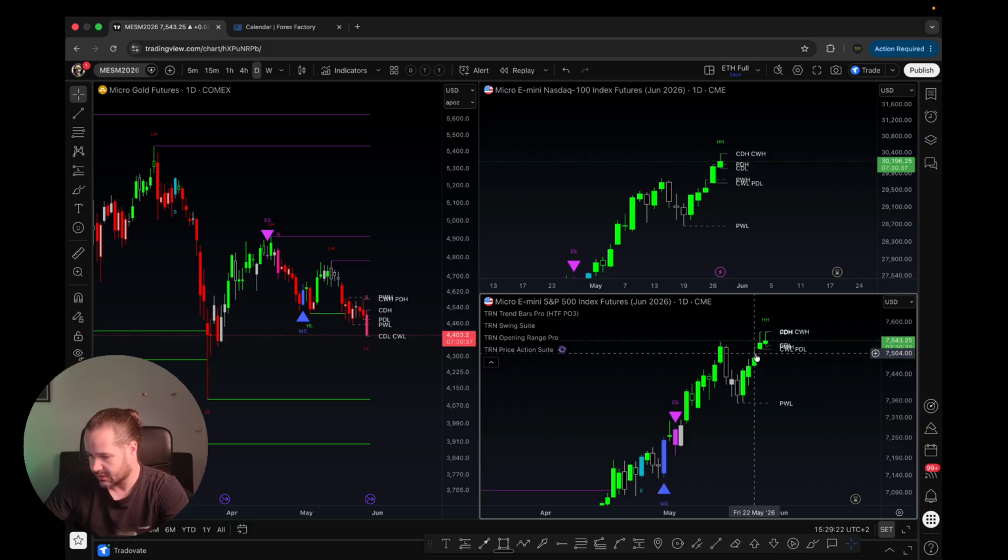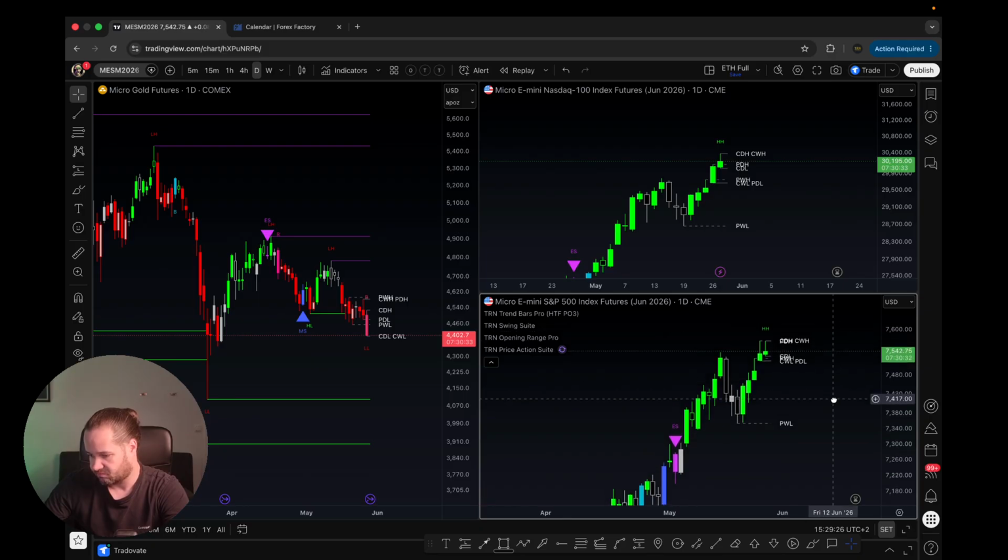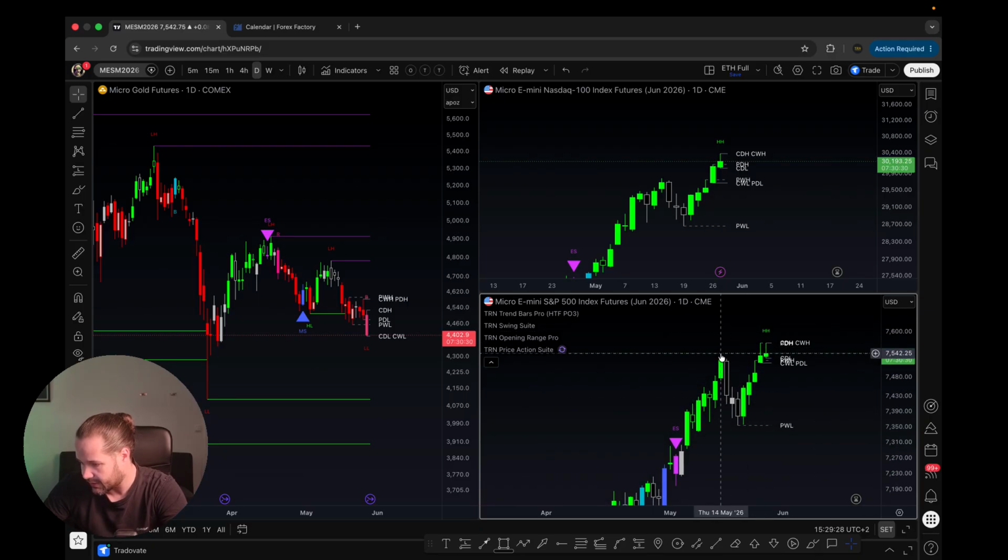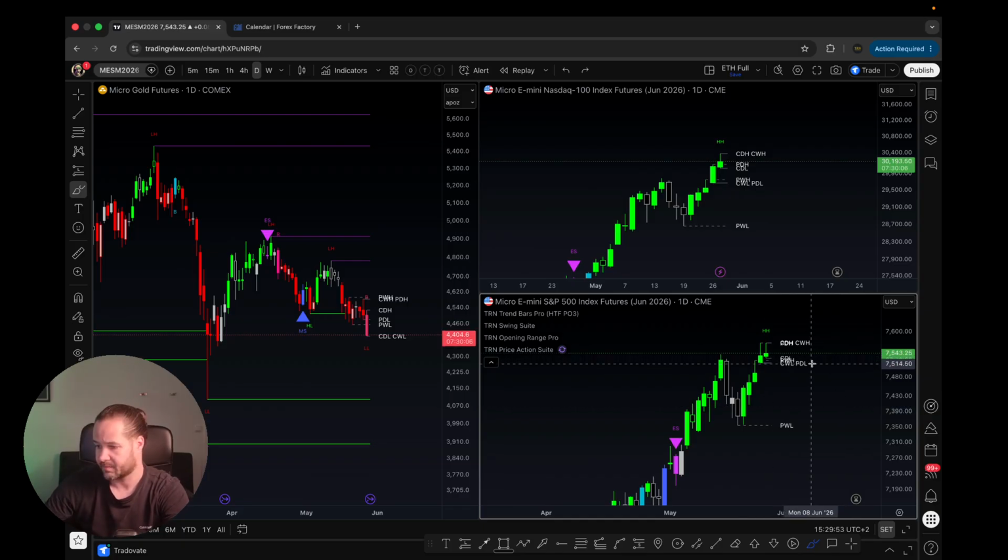Yesterday we closed above Friday's candle. We have this top right here, and we closed below it, which is honestly a sign that NQ has a strong bullish bias, and here on ES it's a bit mixed. Slightly bullish bias with this strong uptrend, but as we closed below this top, there's a chance for a little correction.